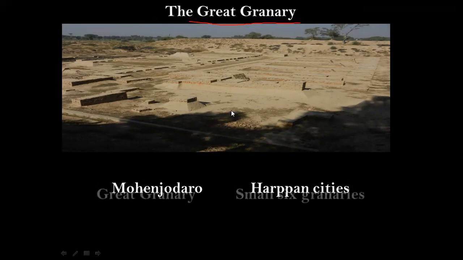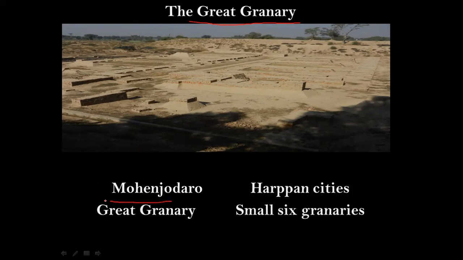We should keep in mind that the greatest type of this granary is found at Mohenjo-daro. However, according to the archaeological report, there is also evidence that even in the Harappan city there was a presence of these granaries. Six small granaries were discovered at the Harappan city. But we should keep in mind that the great granary of all these granaries was discovered at Mohenjo-daro.